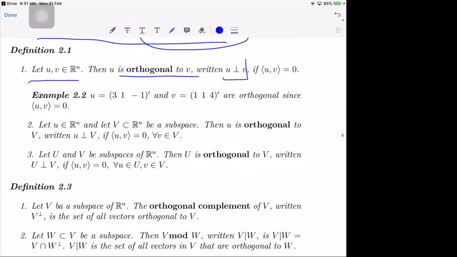This is the notation u perp v, or perpendicular. So u is perpendicular to v if the inner product of u and v is 0. For example, if this is your vector u and this is your vector v, these are orthogonal because the inner product of u and v is equal to 0.